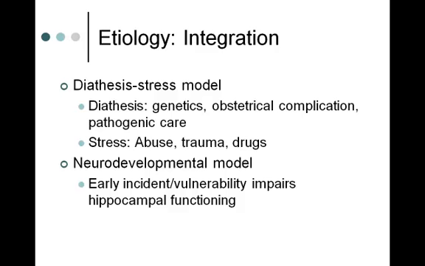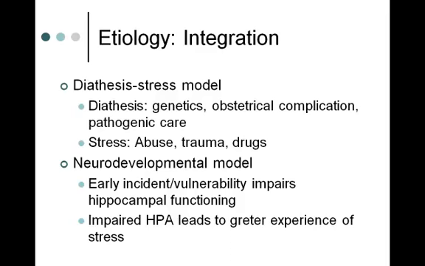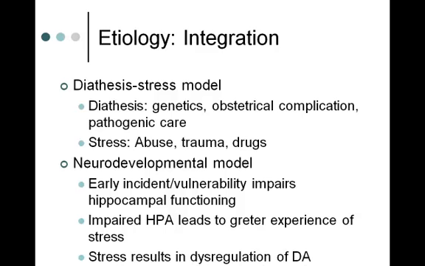So there's damage to hippocampal functioning, and because the hippocampus is messed up, now your HPA axis is impaired, which will lead to a greater experience of stress. Right? So even typical things that will cause stress, these individuals will experience more stress, biologically speaking, because of the disruption of the HPA axis, which will then lead to dysregulation of dopamine, and then you go back to the dopamine hypothesis.